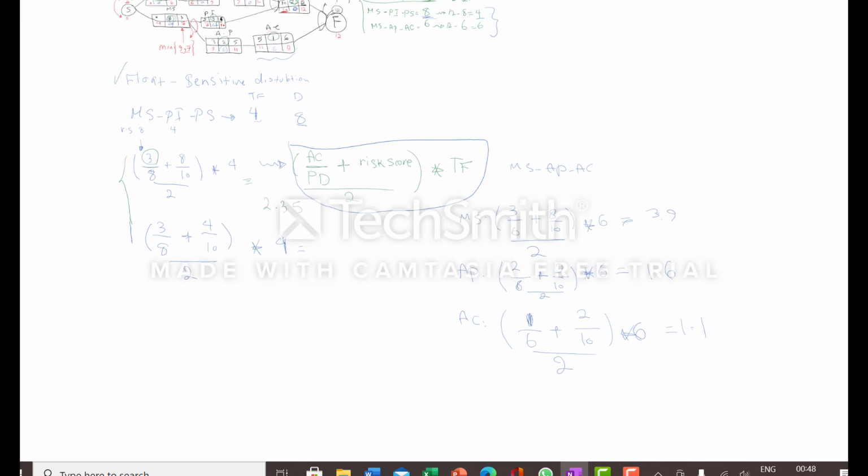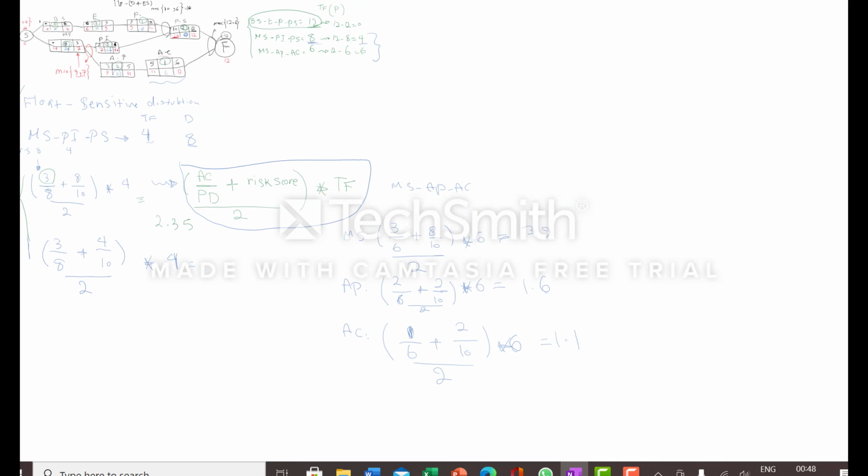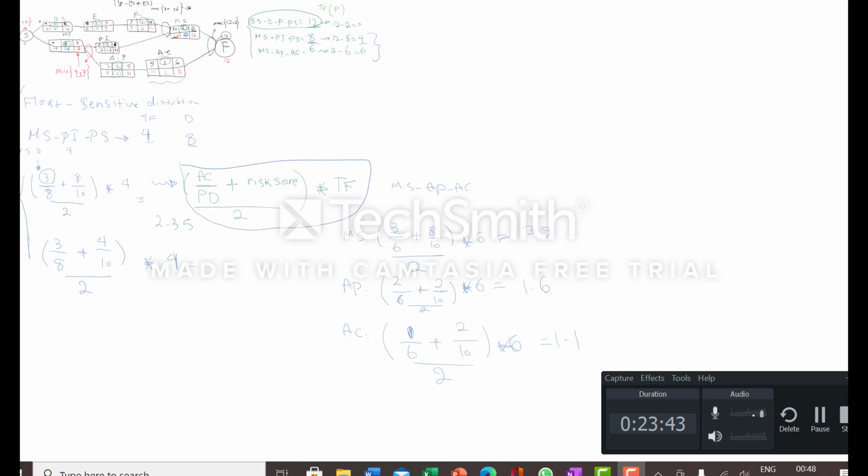It should be mentioned that if the problem doesn't have any risk score, we should use the float distribution without any risk score, and it doesn't need to make average between risk score and the duration.